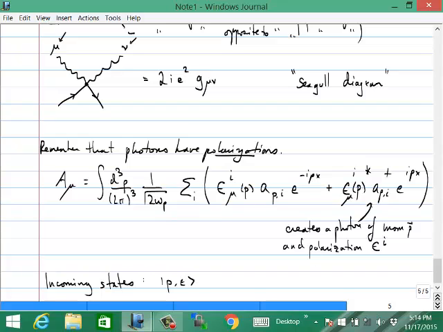Okay, so what we now need to do is understand how we modify our Feynman rules in order to incorporate the fact that all of our incoming and outgoing states have polarizations.